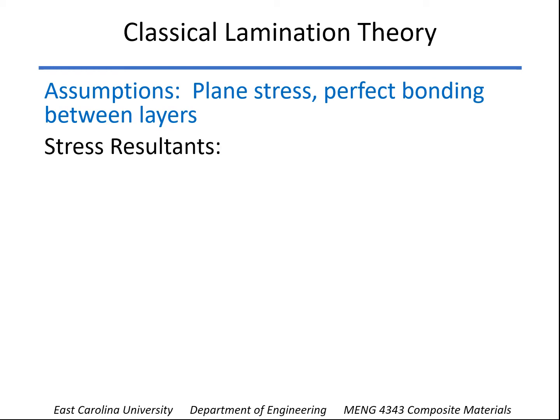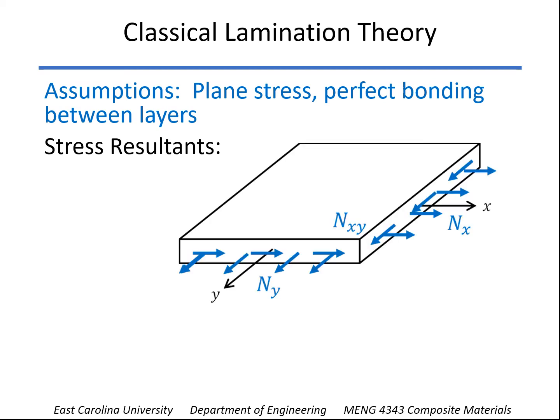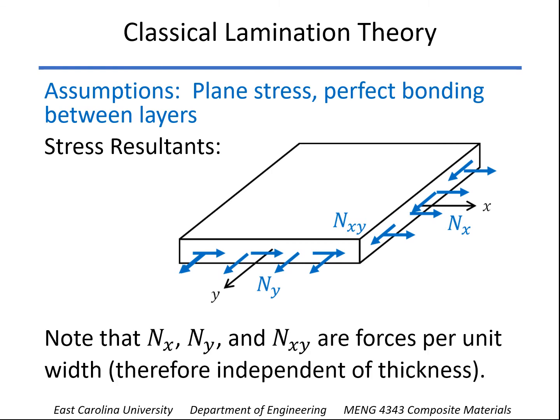We talk about stress resultants. In the nomenclature of plates and shells, we usually talk about the stress resultants, NX, NY, and NXY. And those are just the resultants of the stresses in those directions. And those are always given in force per unit width, so it would be like pounds per inch.